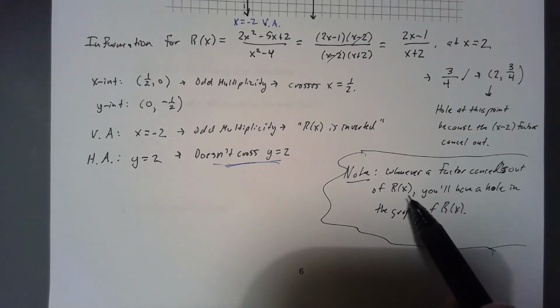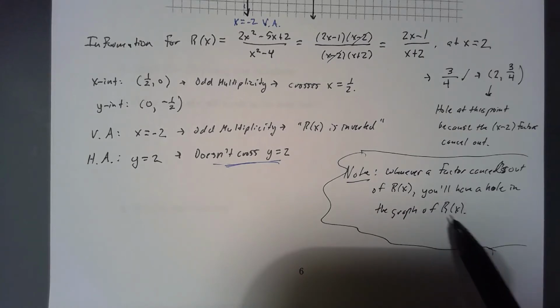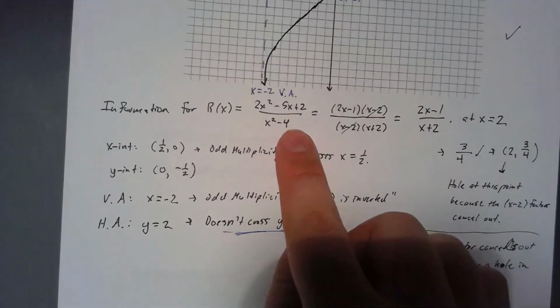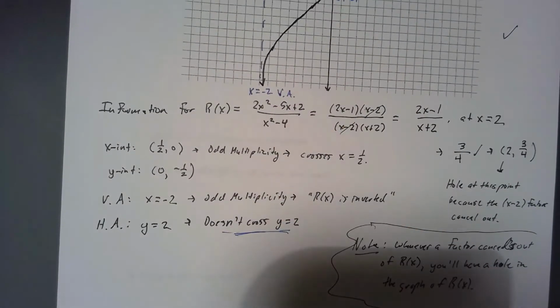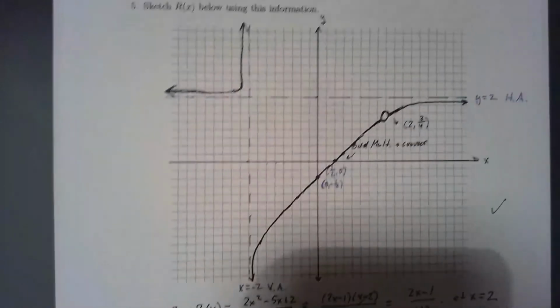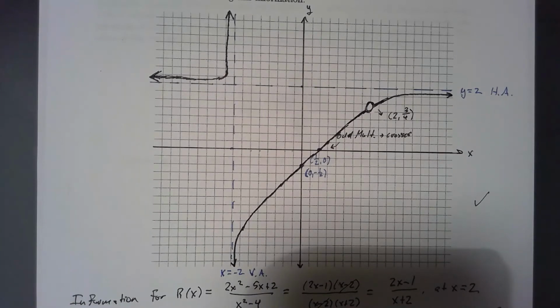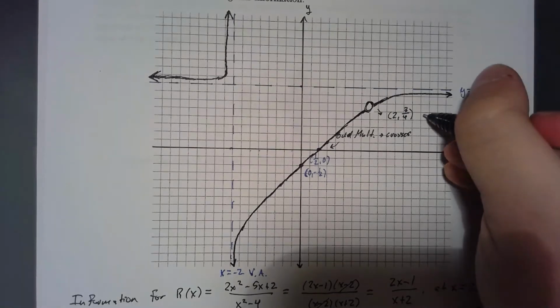If you have a factor that cancels out, you'll have a hole in the graph at that point. But that only occurs in special cases, like when that happens. Okay, so that right there is your graph of that rational function. There's a hole there.